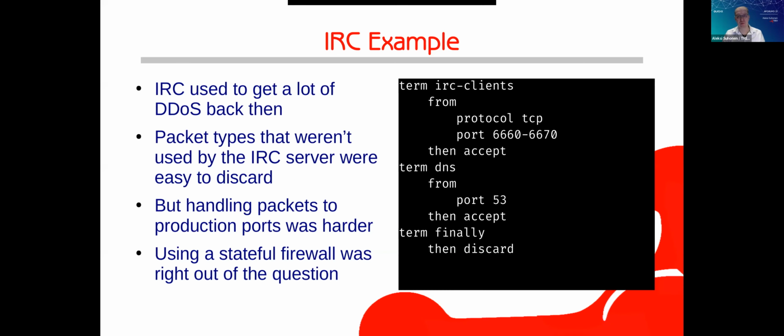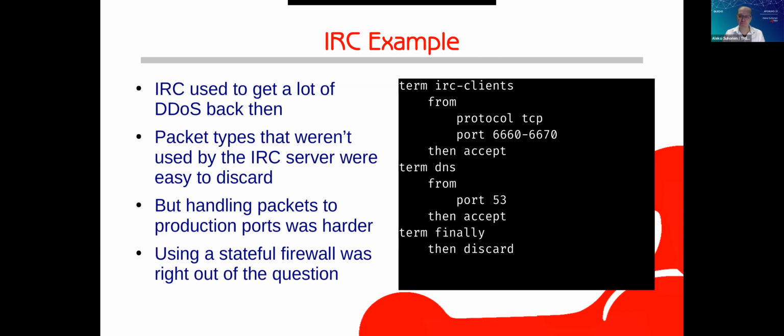So on to some examples. IRC is probably the single service that I had to protect from DDoS the most back then. When we got the Juniper at the university where the IRC server was running, we realized that we can start making a lot more complex rules to protect the server and also to protect the rest of the network from things caused by the server.